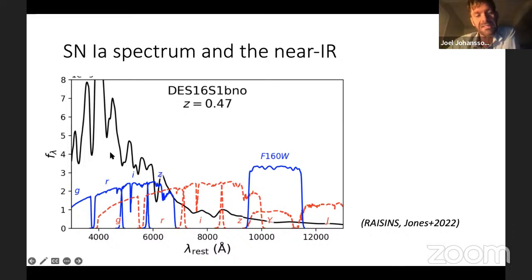So it's not a coincidence that most of the supernova cosmology that has been done is typically done in blue filters, and then the supernova gets intrinsically fainter and fainter towards the infrared. So they are fainter there and harder to observe.